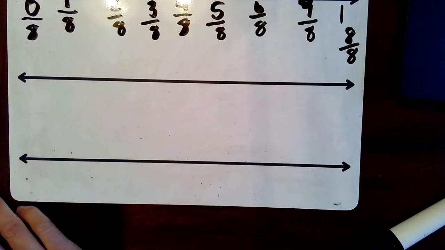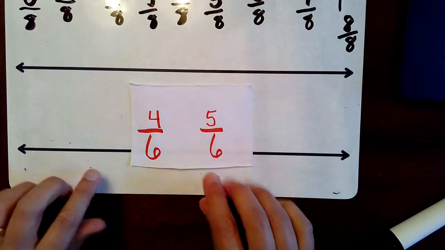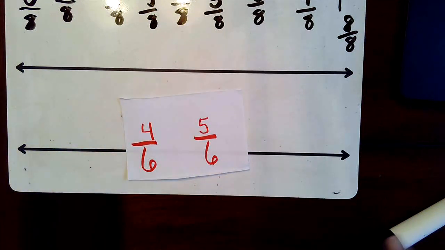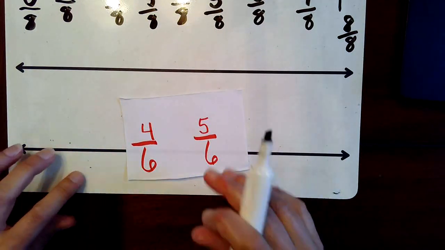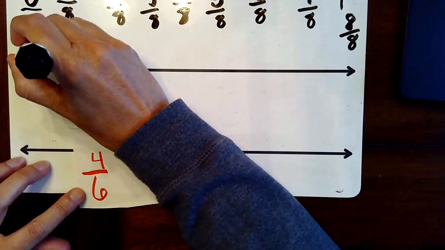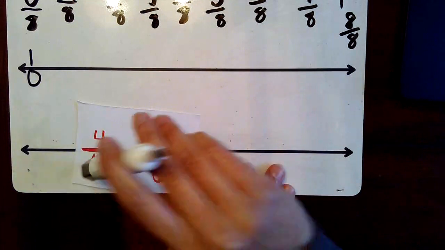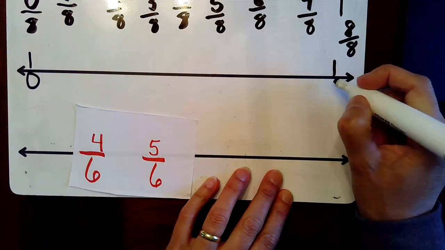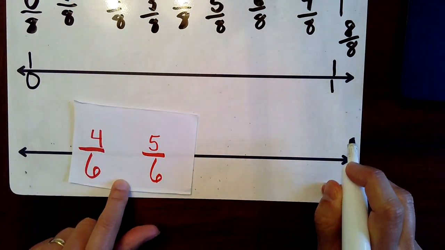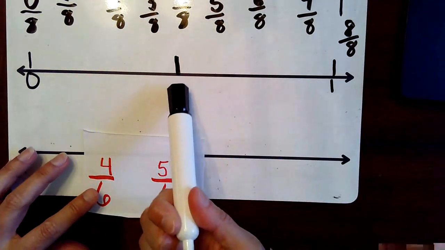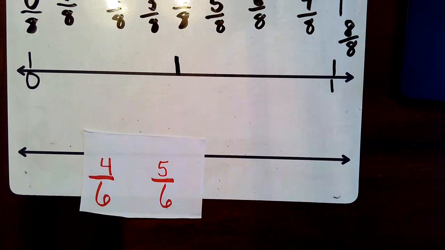How about another one where the denominator is the same? Let's do 4/6 and 5/6. So for that one, I'm going to do the number line again, and I'm going to divide it into 6 parts because 6 is my denominator. So where would halfway be when we're talking about sixths?